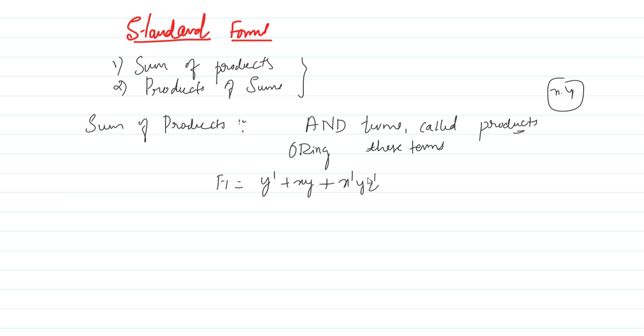Here you can use a least number of terms in the standard form. Here the expression has three product terms. First is y prime, next is xy, the next one is x prime y z prime, right? The first AND term has one literal, this has two literals, this has three literals. Like this we can use in the standard form.